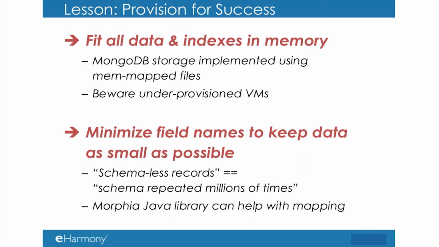And one of the things that helps you with this is keep an eye on your schema. MongoDB prides itself on being schemaless, very low administration. You just dump JSON documents in there. The way I like to look at that is, since the database doesn't have a schema, what that really means is your schema is repeated with every single record in your database.